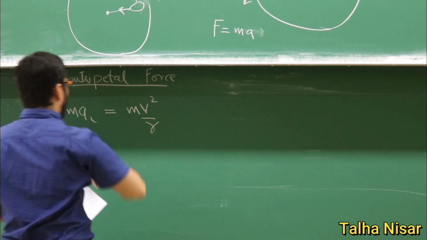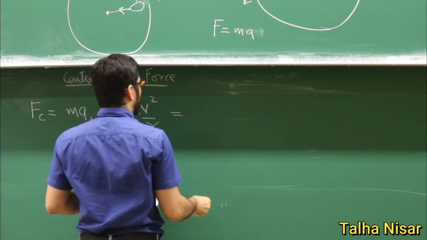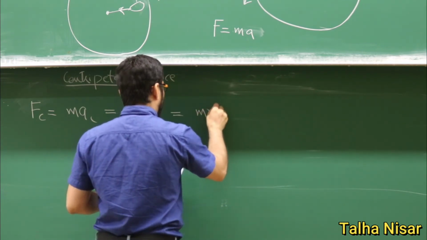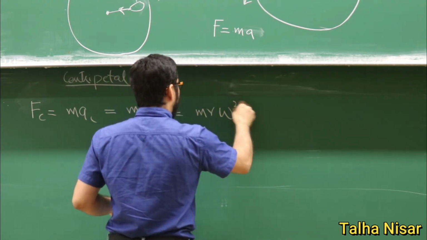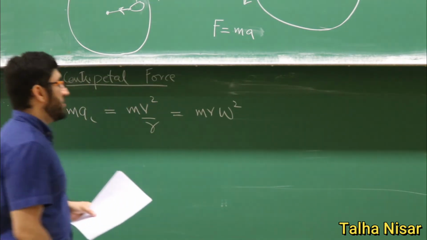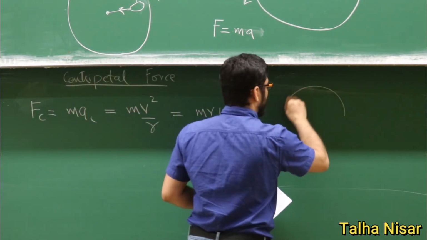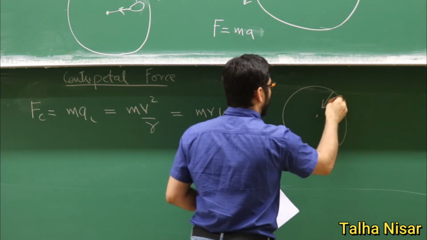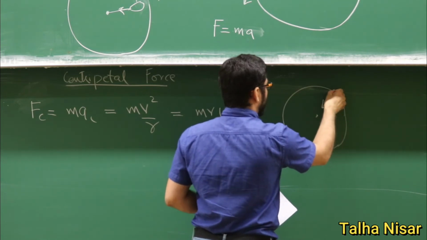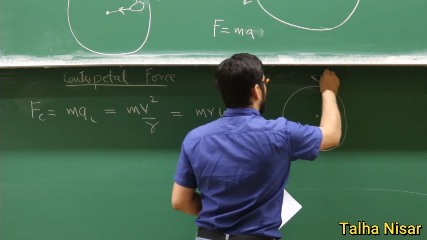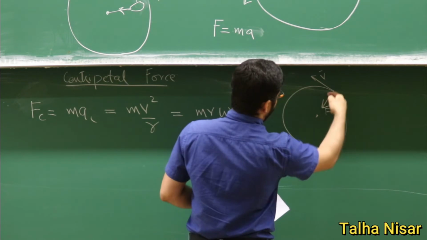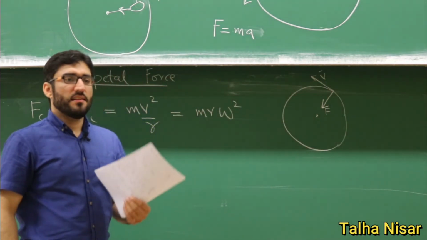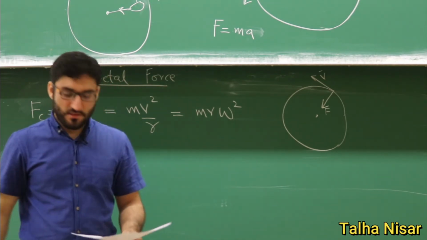In terms of omega, the angular velocity, it is m r omega squared, and it is always towards the center. For example, if this is the center, the centripetal force will be in this direction, and the tangential velocity will be here. That's why the tangential velocity is changing.